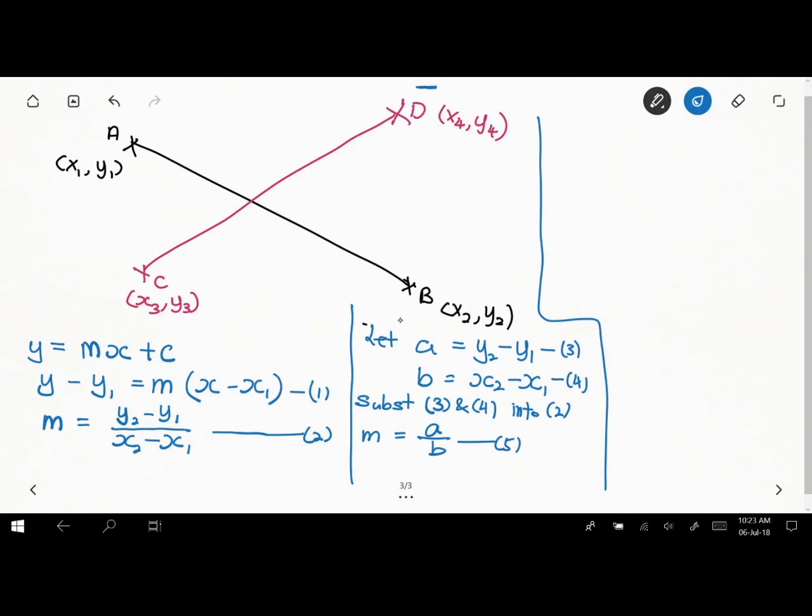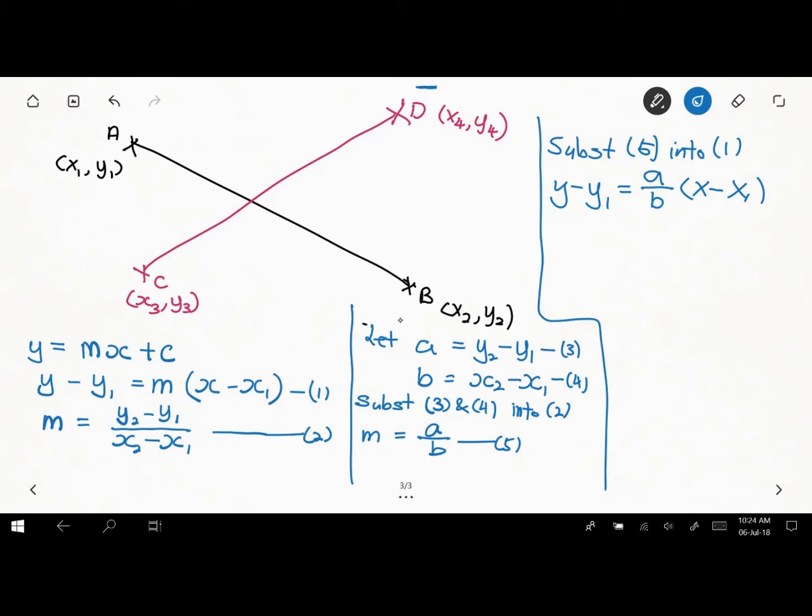Substituting 5 into equation 1, we get y minus y1 is equal to A over B, times x minus x1. Take note that if we use another set of coordinates, say x2, to represent this equation, it will work as well, so long as there is a point that resides on line 1.